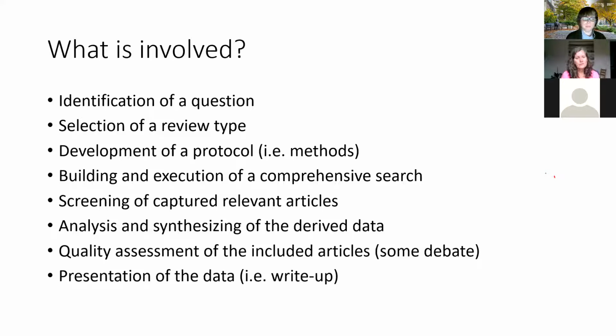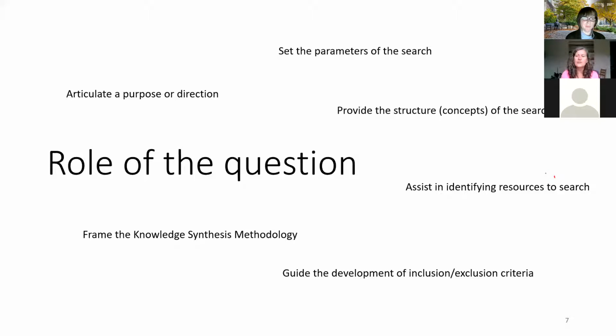So let's move on. We talked about what is involved, but let's look at the role of the question. I had said how important this is, and here are some of the reasons that it is so important. One of the things here is developing the inclusion and exclusion criteria. This is very unique to systematic reviews versus literature reviews.